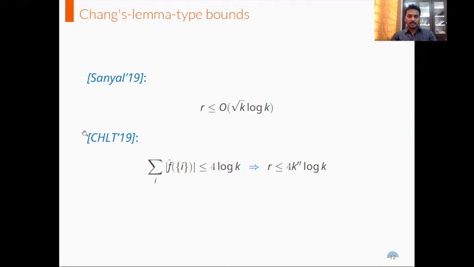Another interesting upper bound was shown by Chakraborty et al. They showed that the L1 norm of the degree 1 Fourier coefficients is upper bounded by 4 log k. With a little bit of calculation, this implies that rank is upper bounded by 4 times k double prime log k. These are the two Chang's lemma type bounds which are known in the literature.